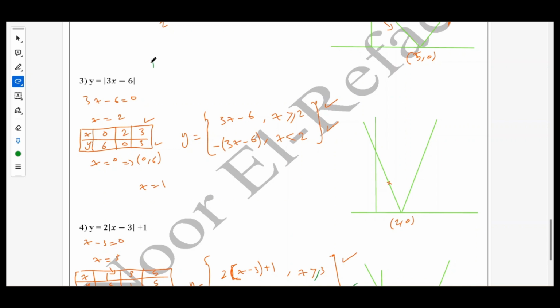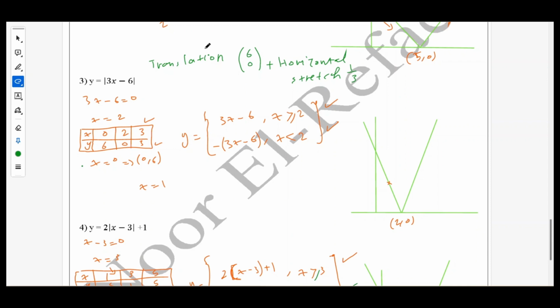First of all, a translation, horizontal, 6 units to the right, plus a horizontal stretch with a factor 1/3.